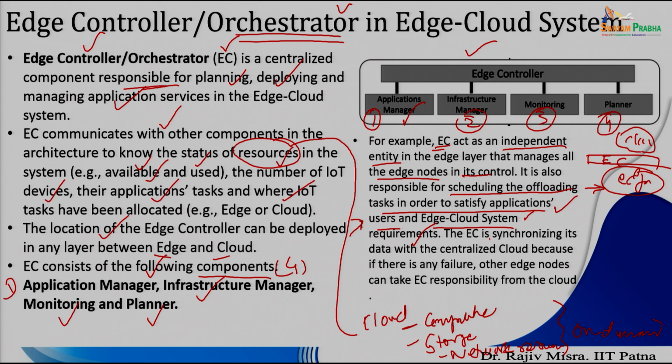So, the edge controller is synchronizing its data with the centralized cloud, because if there is any failure, other edge nodes can take the edge controller responsibility from the cloud.